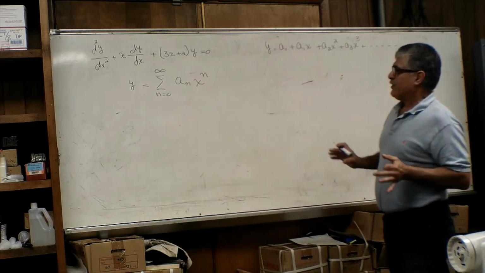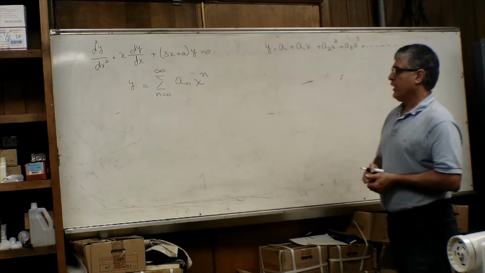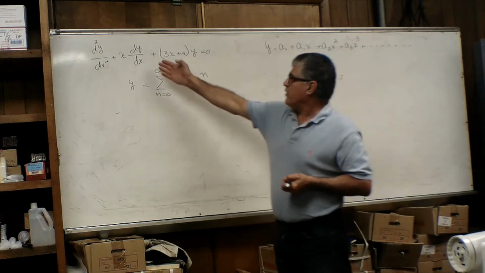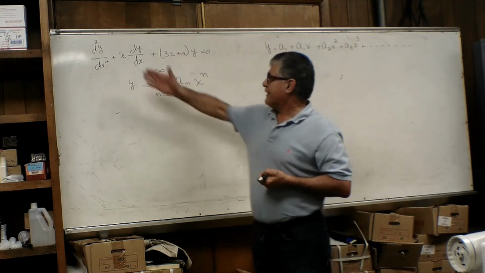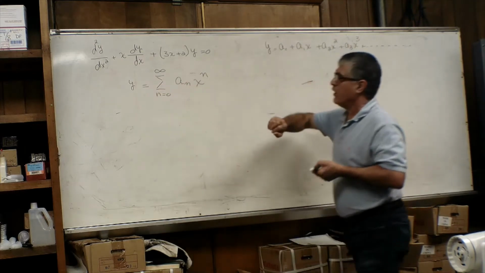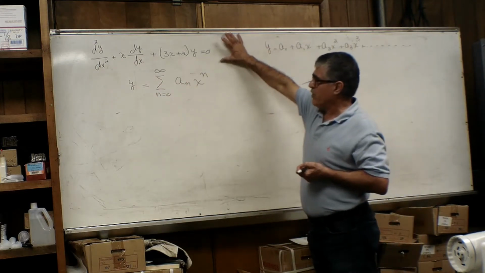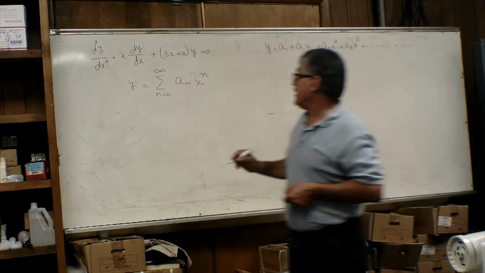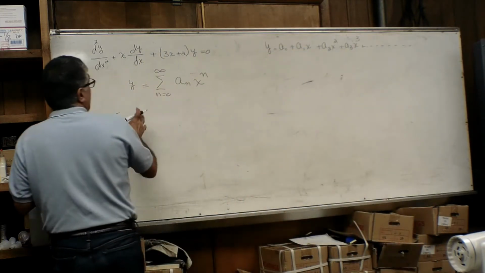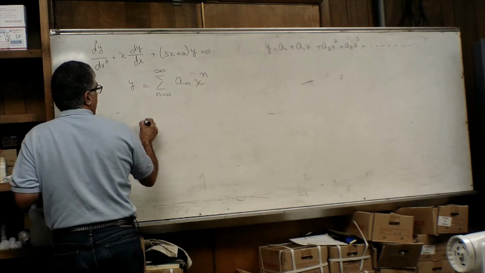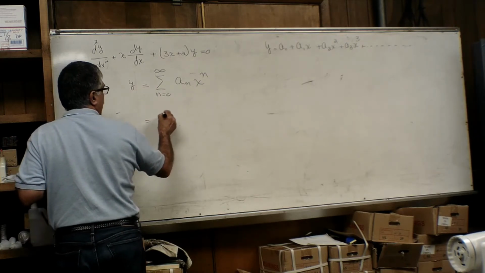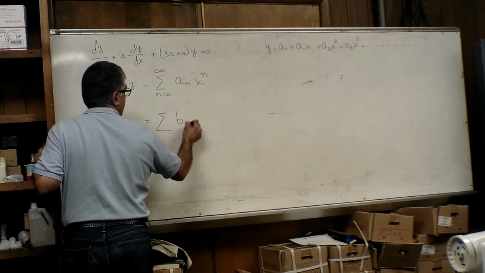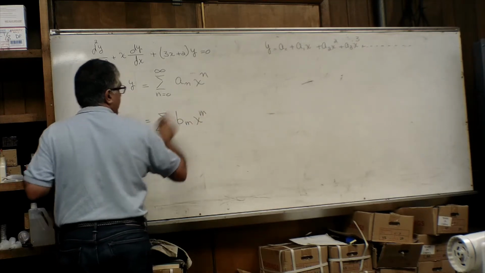We can assume that this is the solution, and then we take the first derivative and second derivative of this solution and plug them in this equation. After that, the second step, we rewrite the summation in the form of Bn x to the power n.